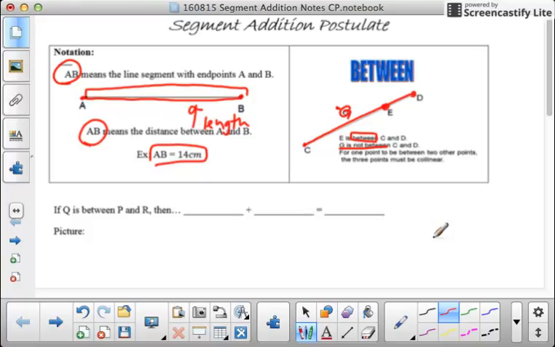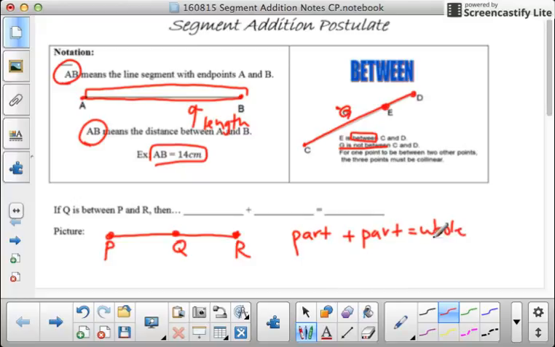If Q is between P and R, when I draw my line segment, I'm thinking about what the endpoints are. P and R are the outside, and Q is just somewhere here in the middle, not in the exact middle necessarily. When I talk about segment addition, I can say part plus a part equals the whole.